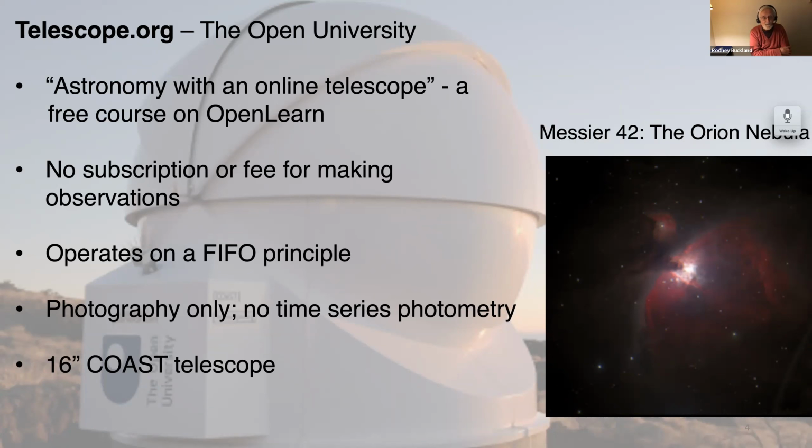There's no exam or anything else, but we do say you should go through it if you're a relative beginner. Halfway through, you are given instructions on how to use the open science observatories of the OU, and you can then proceed to order some images.